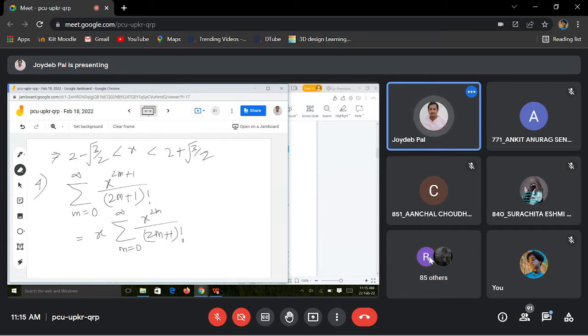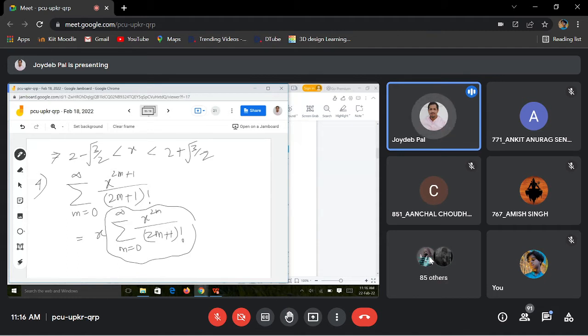Now you can find the radius of convergence for this series, summation m equals 0 to infinity x to the power 2m divided by 2m plus 1 factorial. I am assuming the rest of the series, means I'm removing x and thinking about the remaining series. Firstly, I am finding the radius of convergence for it.